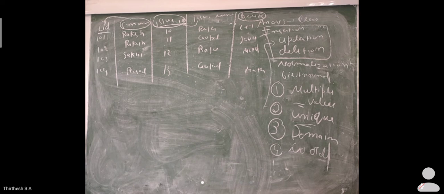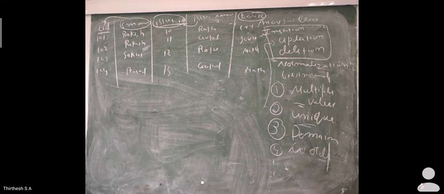So what should we do here? To reduce this, we should break it into one more table. Once you have described the tables, the unique one you have utilized and the other thing you have removed.